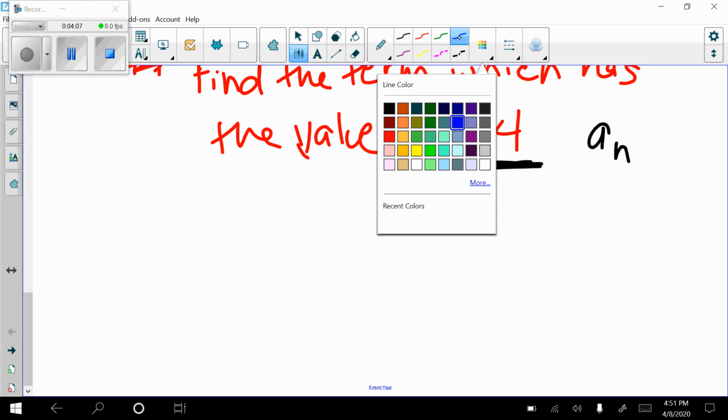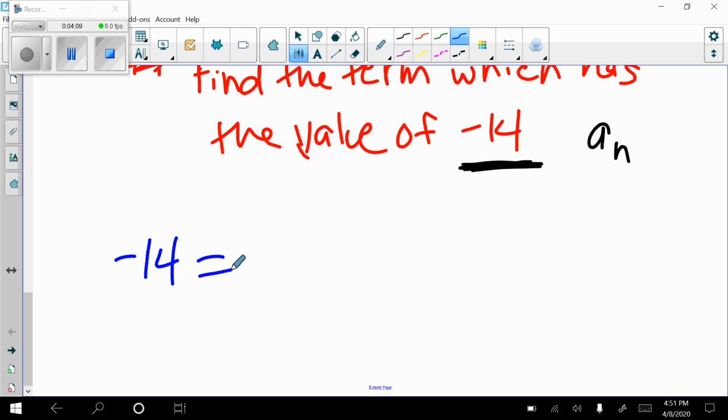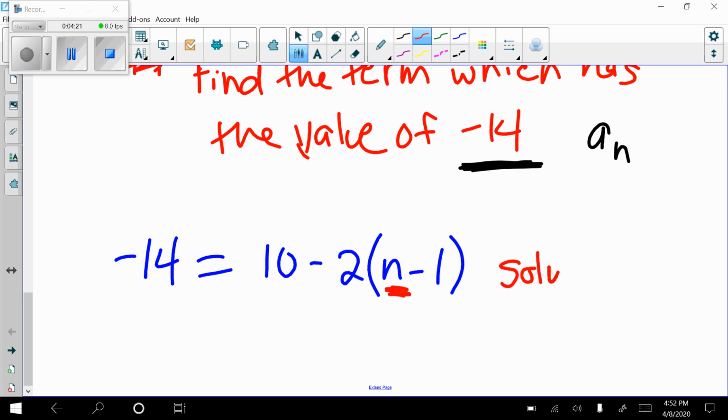So it's like what we did with the same equation, but now we're working backwards. What that would look like is saying -14, which is what I'm trying to find, equals 10 minus 2 times n minus 1, but now it's this n value that I'm trying to solve for. Every time we're solving, that just means I need n by itself.